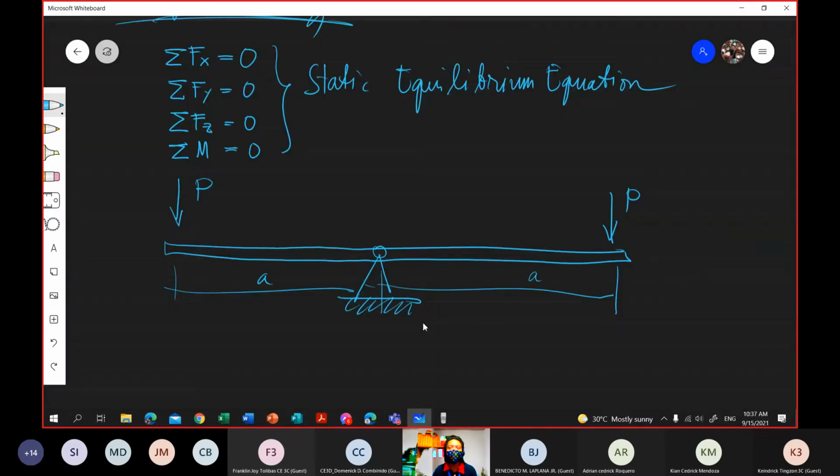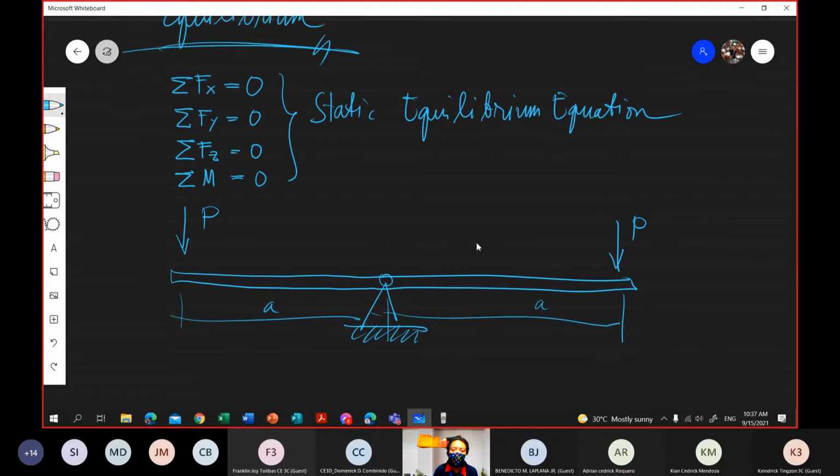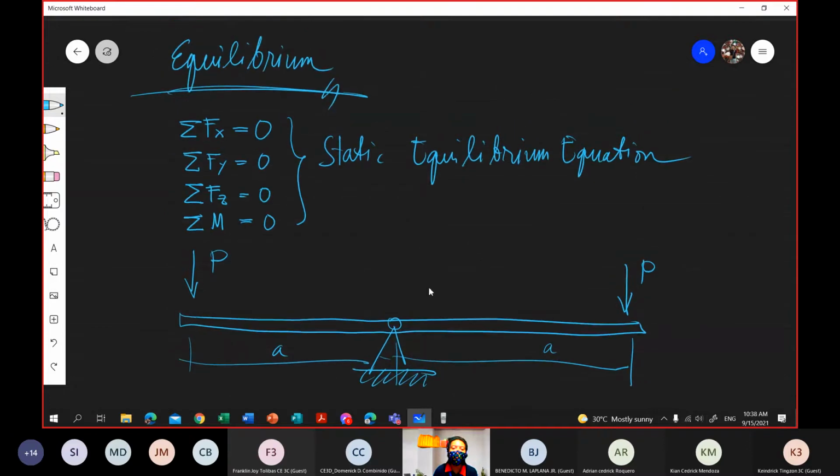That unpredictability of nature makes it difficult for us to maintain the state of equilibrium of our structure. It is easy for us to solve if a certain structure or a certain body is in a state of equilibrium, but the problem is to maintain the state of equilibrium.